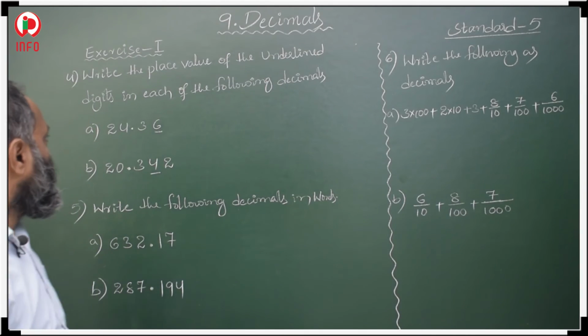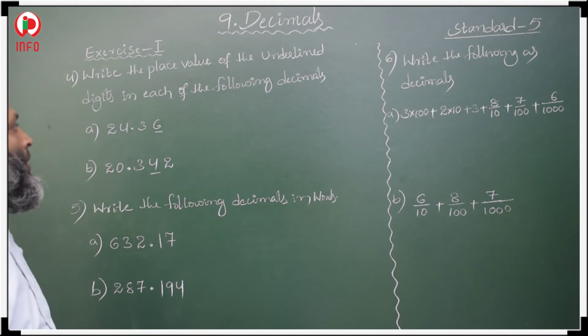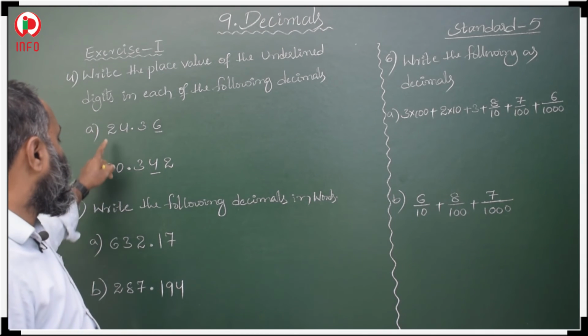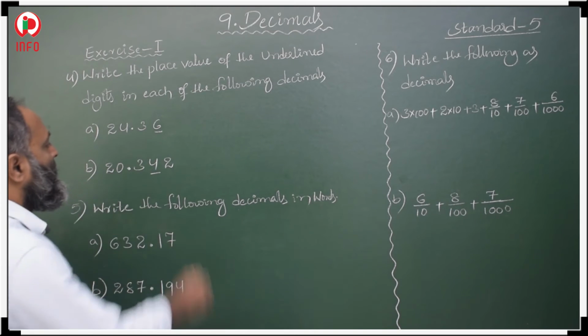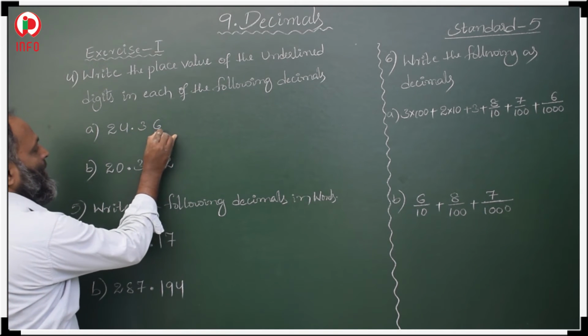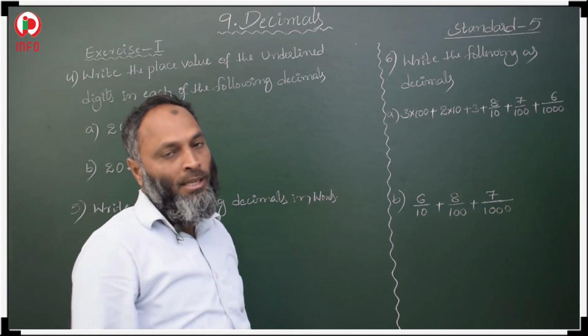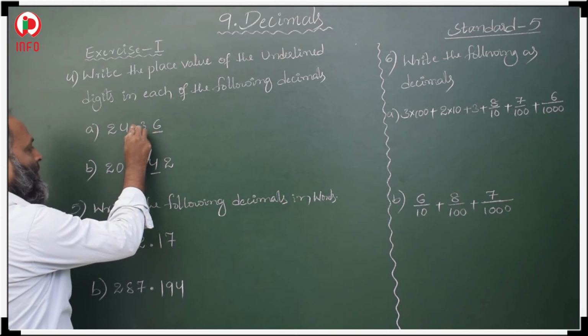See here the next question. Write the place value of the underlined digit in each of the following decimals. Here the decimal is 24.36. This is our underlined digit. The underlined digit is on the right side of the decimal point.